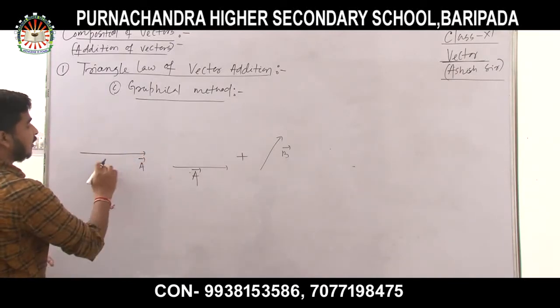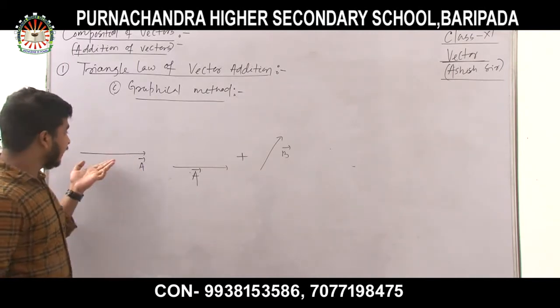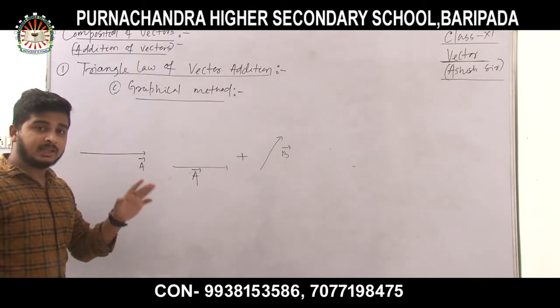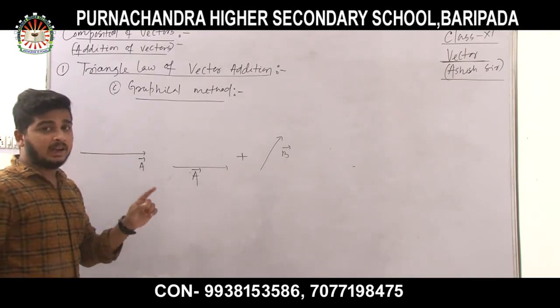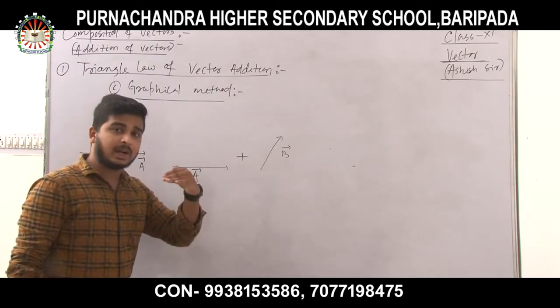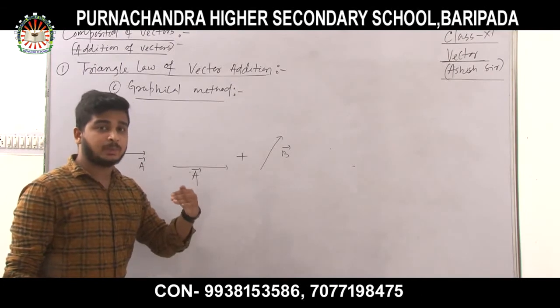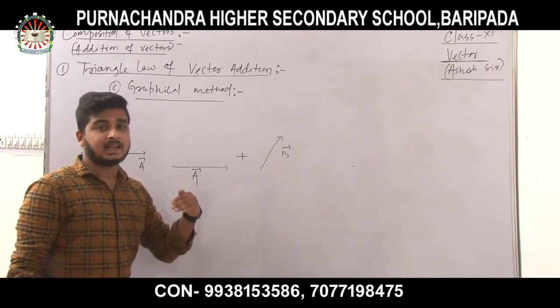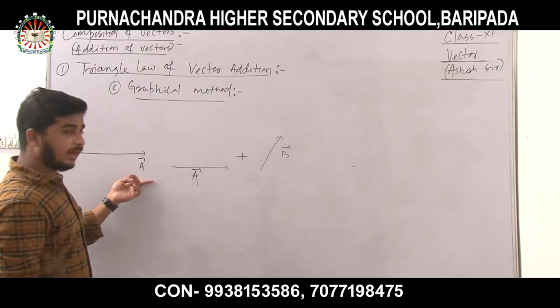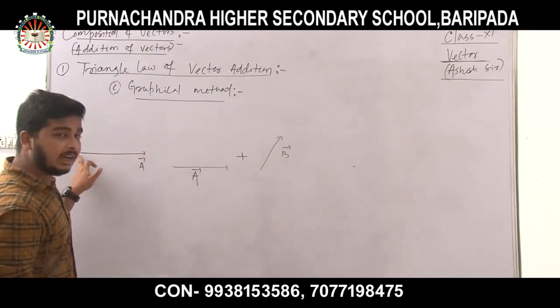Remember one condition: a vector only starts from the head of another vector. It means the tail of one vector starts from the head of the other vector. So here is a vector, here is its head, and this is the tail of the a vector.